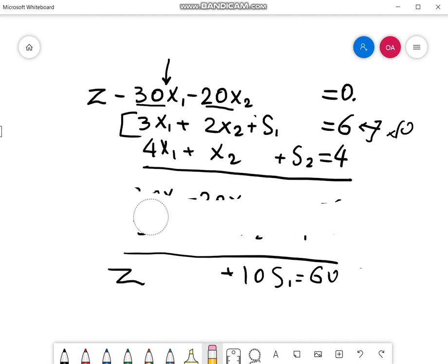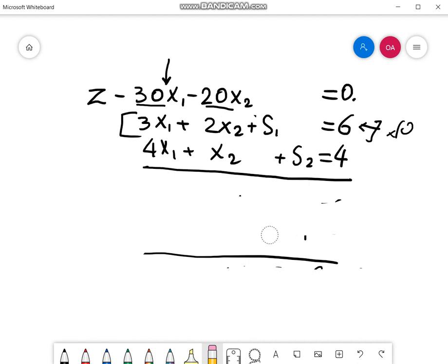Right now we're going to see how much resource we consume, because we picked the first equation to be our bottleneck. So let's see how much we're going to consume from the other resource regardless of the value for x2. Our assumption here is that we will not produce anything from x2. We just want to exhaust both resources to produce from x1. So 4x1 plus x2 plus s2 equals 4.